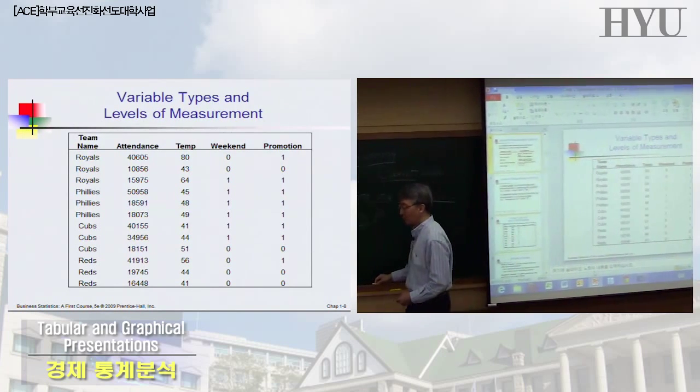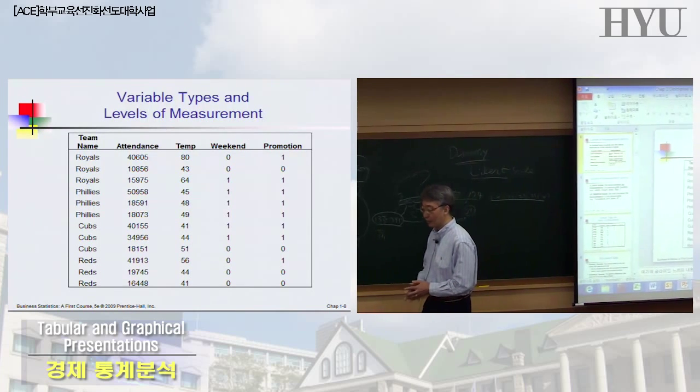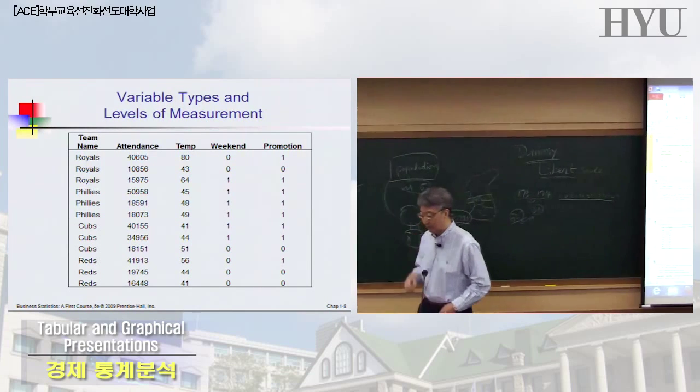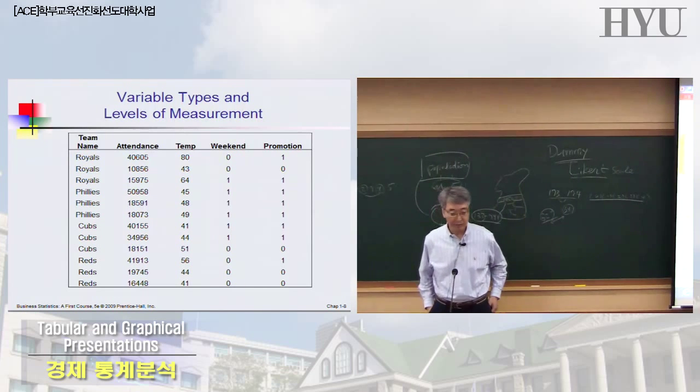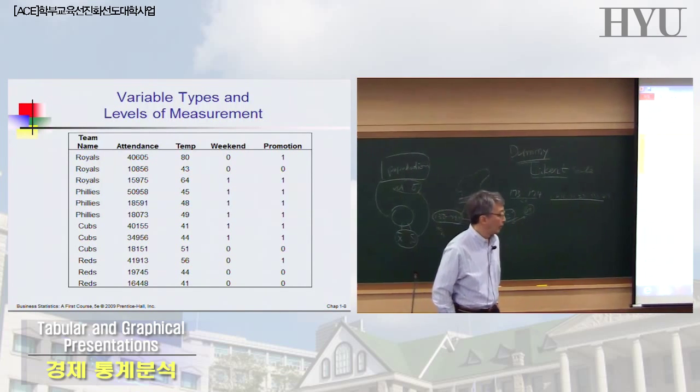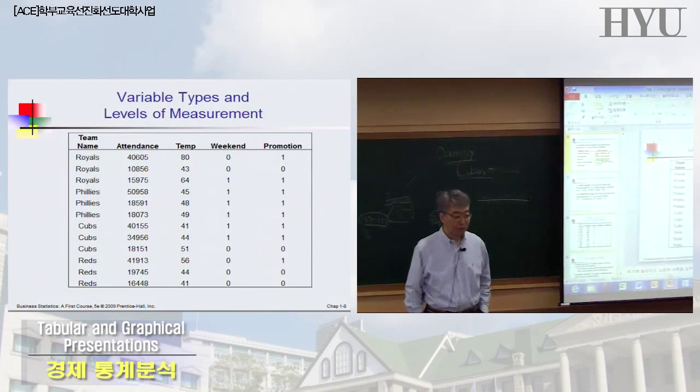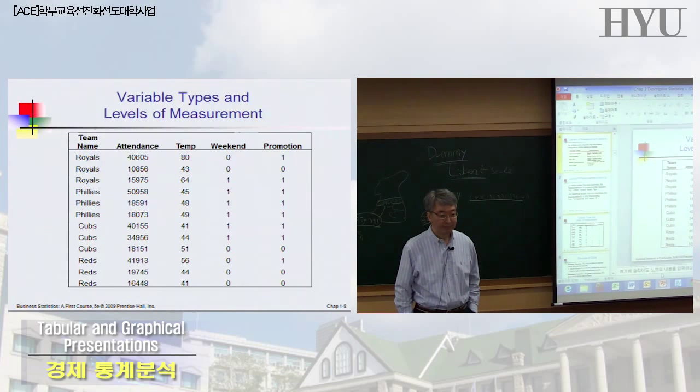Well, if you have to classify these variables, the weekend and promotion, what type of variable are these? Categorical or qualitative, right? Even though they are recorded in numbers, these numbers don't mean anything.